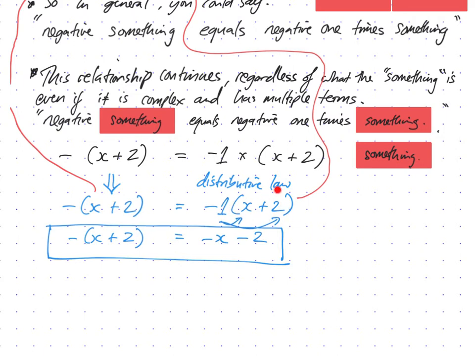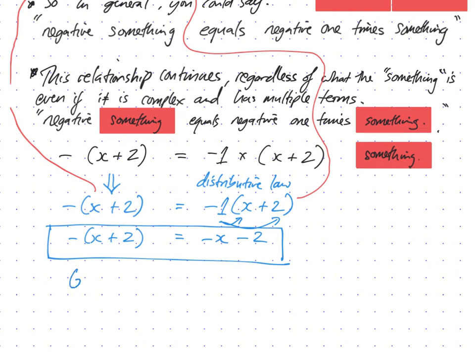You need to bracket it so that you can say that the subtraction, the minus of that complex thing, is the same as multiplying it by negative 1, and then you can distribute the negative 1 to both terms.